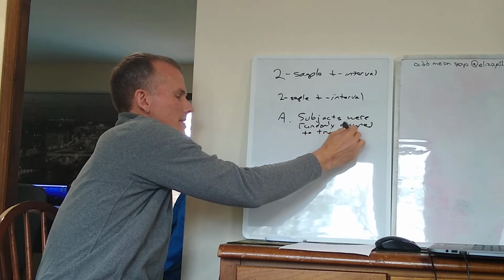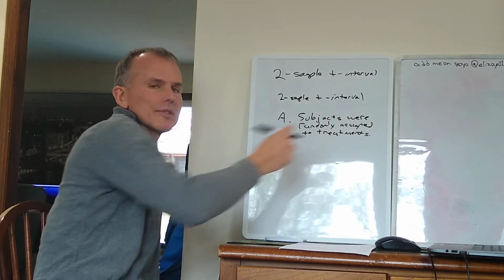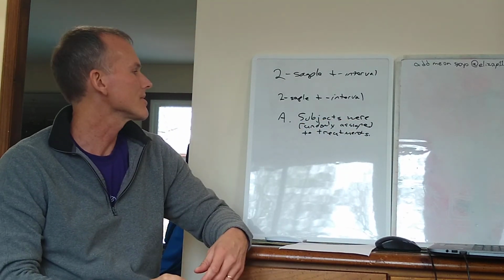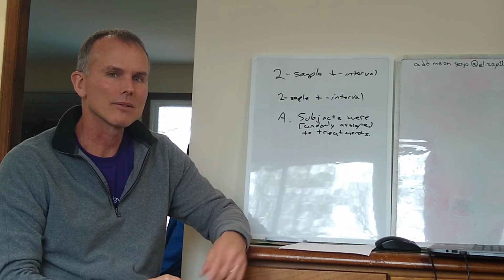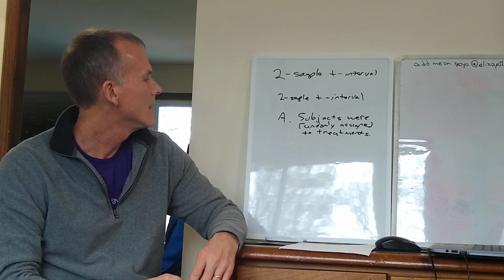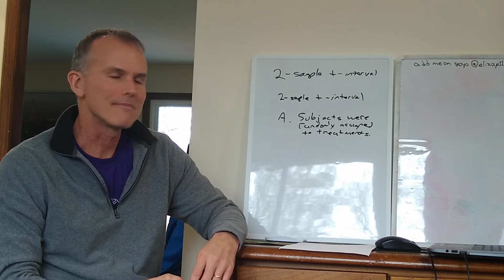Remember, this is really an experiment that we're doing here rather than an observational study, because the subjects were randomly assigned to either wear a fitness tracker or to not wear a fitness tracker. So that's our first assumption in this case.